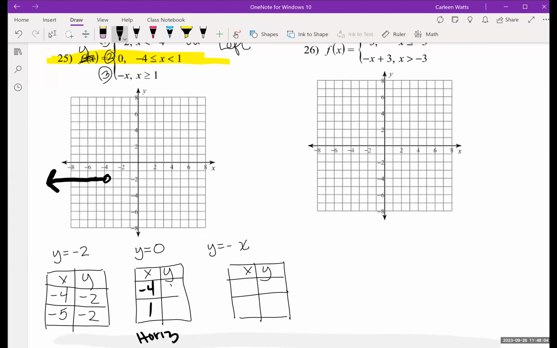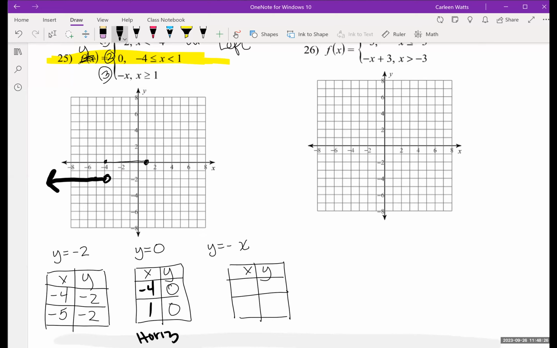When x is -4, y is 0. When x is +1, y is 0. There is no x value for that. So when x is -4, y is 0. When x is 1, y is 0.